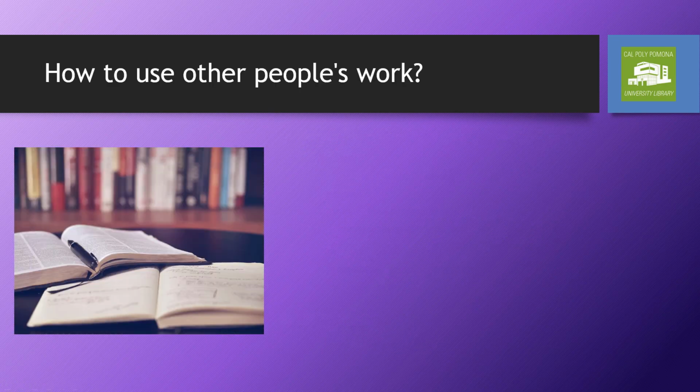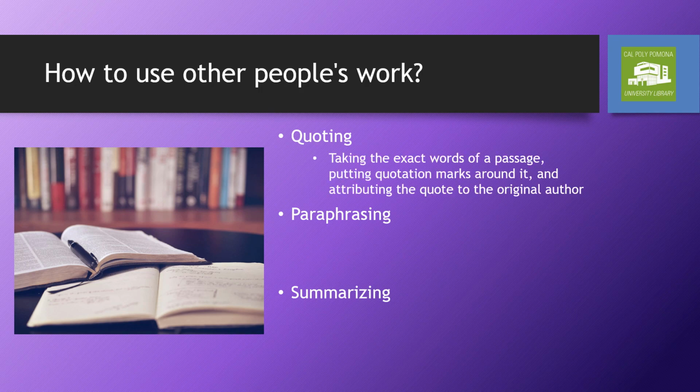Now that you know what exactly to cite, how do you use other people's work in your own projects? 3 techniques you can use to incorporate others' work into your own is through quoting, paraphrasing, and summarizing. Quoting is taking the exact words of a passage, putting quotation marks around it, and attributing the quote to the original author. You should provide context for the quotation and explain its significance too.